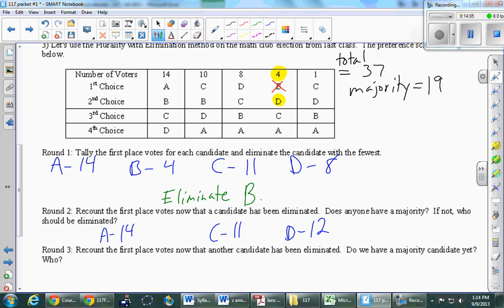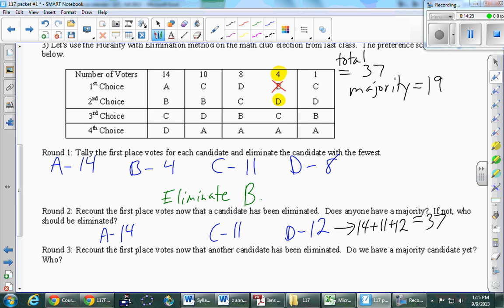And as a quick check, if you add 14 and 11 and 12, we get 37. Has to be 37 at every moment. If you get something less than 37, you made a mistake. Okay, again, how much is a majority? 19.